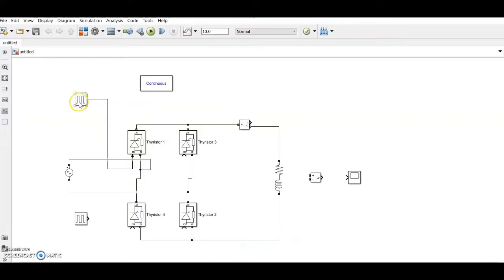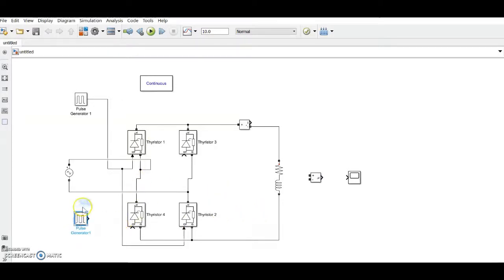Okay, and we need to connect the pulse generator output, so let this be the pulse generator 1. As it's a bridge, at the same time we need to switch on thyristor 1 and 2. So we'll give the same pulse output to 1 and 2.